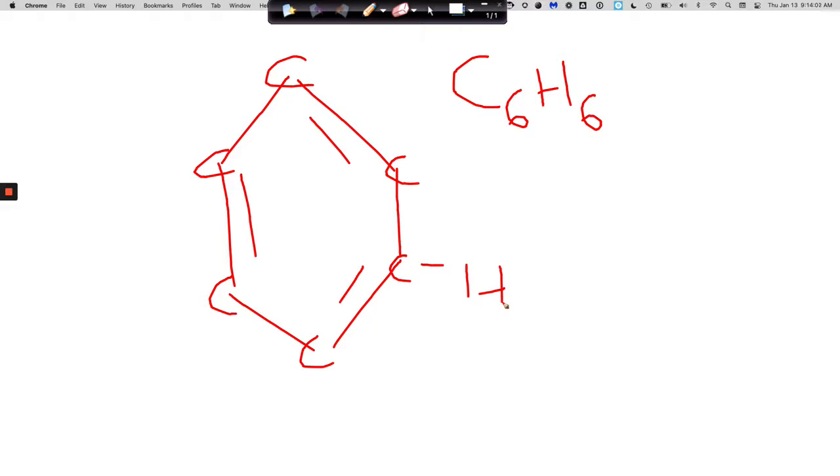So guys, what is the hybridization of each one of those carbons? sp2. We have one domain, two domains, three domains. That makes this an sp2 hybrid. That means we have one unhybridized p orbital on each one of these carbon atoms.